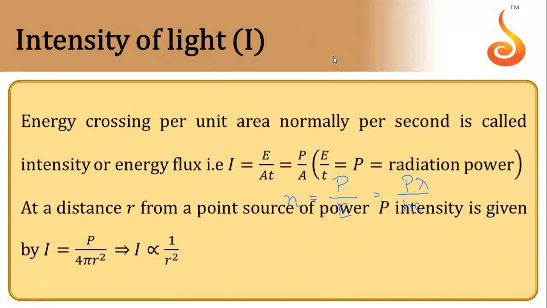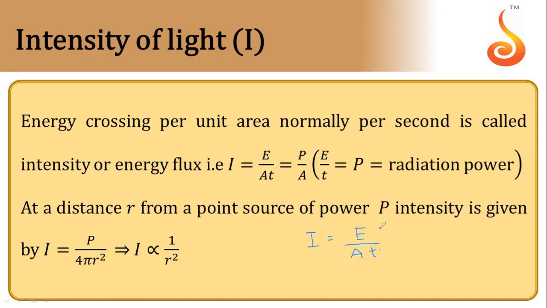Next is intensity of radiation. Now, intensity is energy crossing or energy falling per unit area normally per second. Okay, that is energy. Intensity is energy falling on an area normally per unit time or per second.